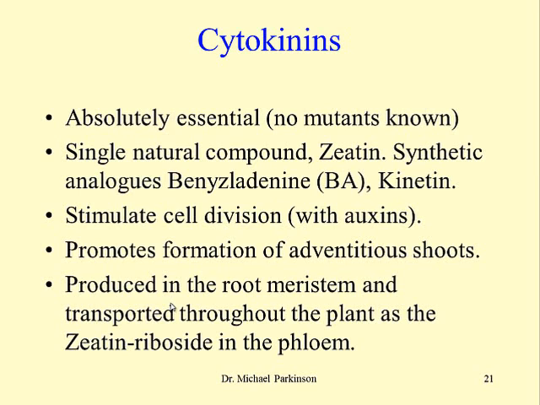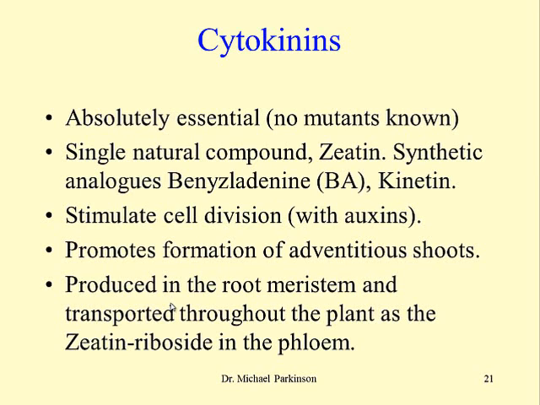And cytokinins are essential for the formation of adventitious shoots. In micropropagation, most of the time, 90% of the time, we are trying to get outgrowth of axillary buds. Axillary buds are quite distinct from adventitious shoots. Axillary buds are found in only one place, the axil of the leaf. So wherever you've got a leaf coming off the plant, you've got an axillary bud.